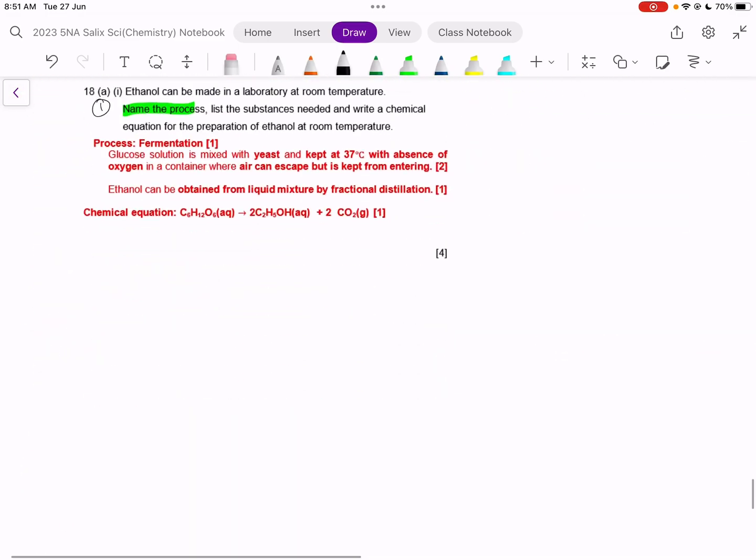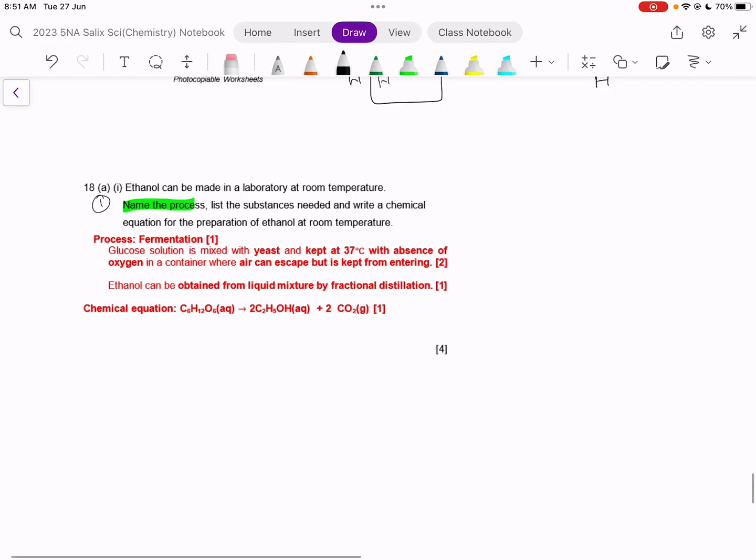Okay, last question. For fermentation, you must name the process, then list the conditions, that's number 2. That means 37 degrees Celsius, you need yeast as a catalyst, absence of oxygen.